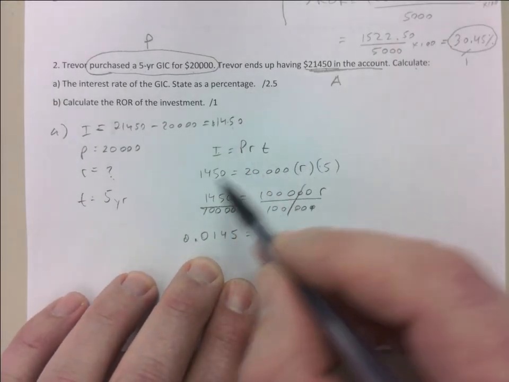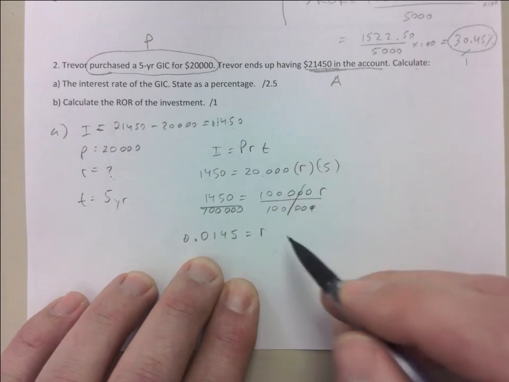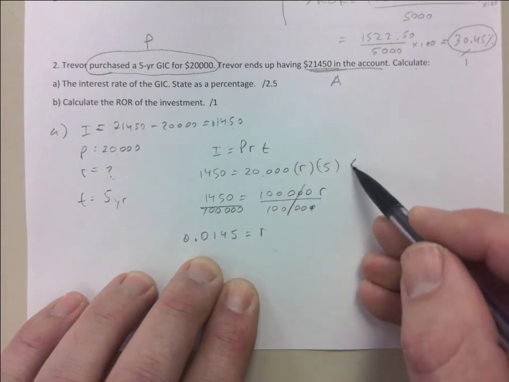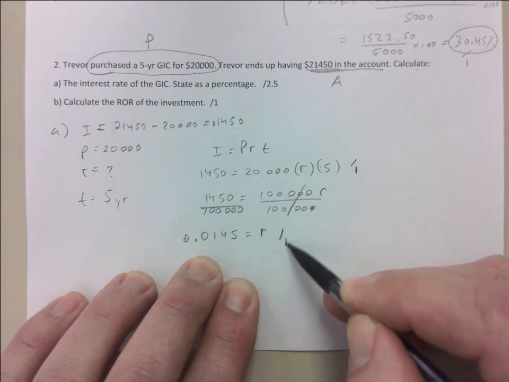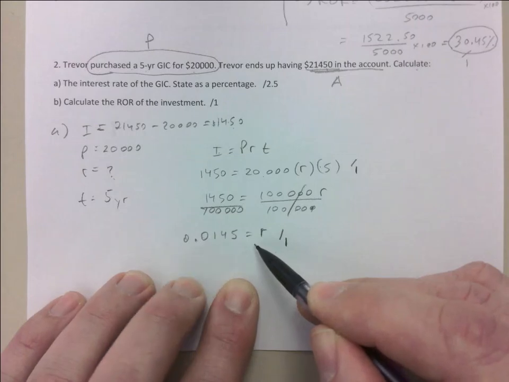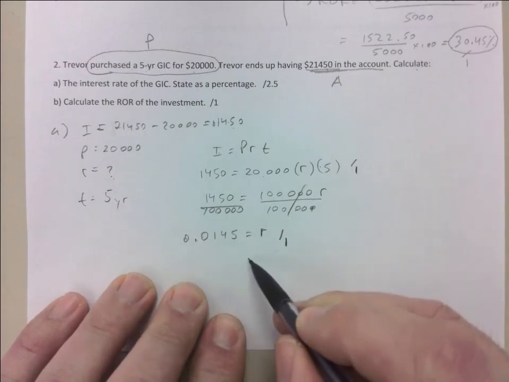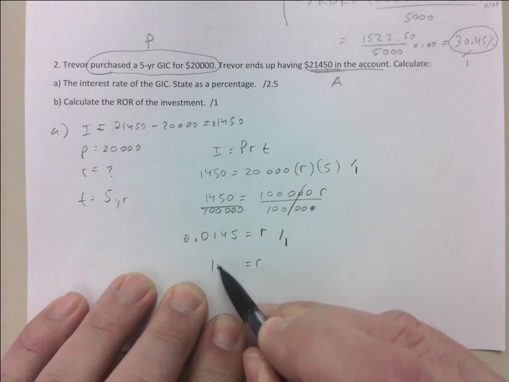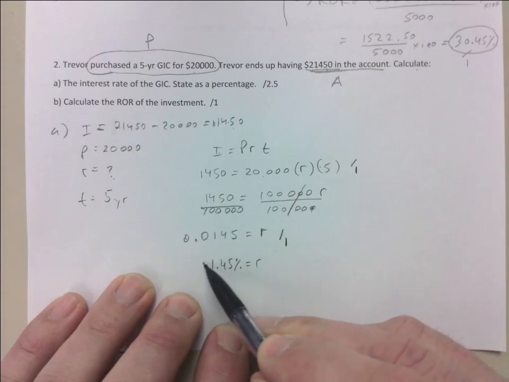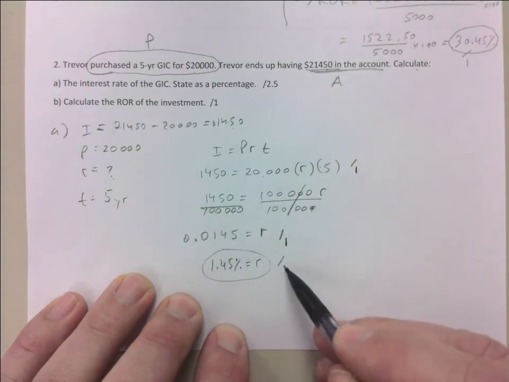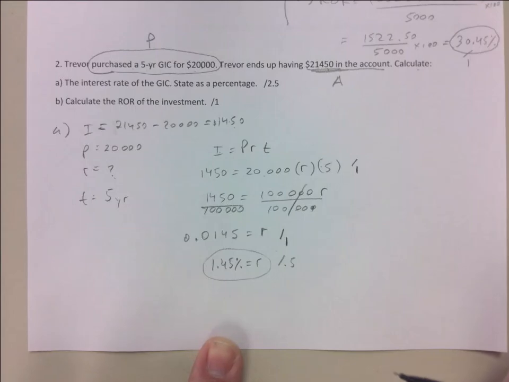So I would say if you get to here, I would already give you 2 marks. So 1 mark for substitution and 1 mark for correct work to get to here. If you multiply that by 100, you get 1.45%. You could, this is to get the full 2.5 for this question.